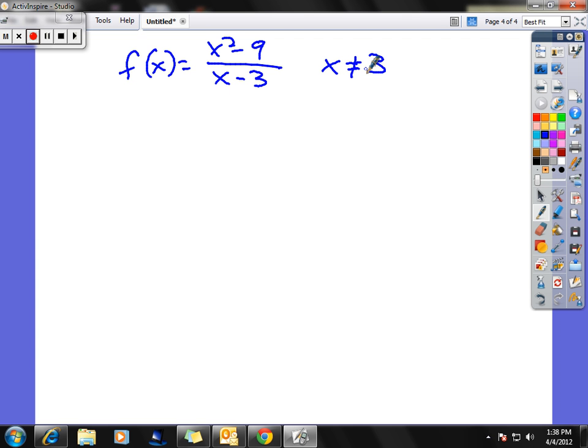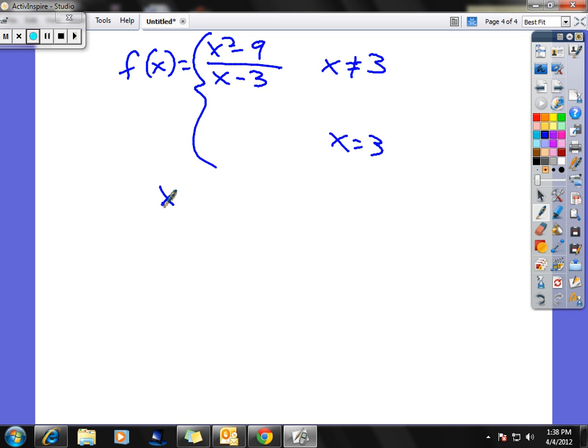To create a piecewise function, just add a bracket, and we need to define this separately at x equals 3 in order to have a point that fills in the removable discontinuity that's there. We have to figure out what that point would be, but that's easy. All you have to do is what you did before: factor, cancel, plug in, and that gives you the y value that you would have had if there wasn't a hole there.